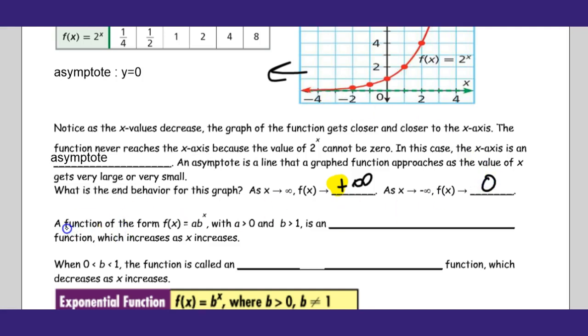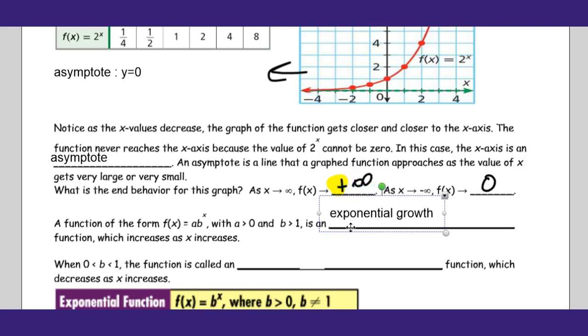Now, a function of the form a b to the x, that means a number times the base b raised to the power of x, where a is greater than 0, any number greater than 0, and b is greater than 1, is an exponential growth.